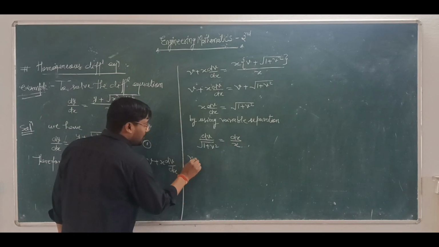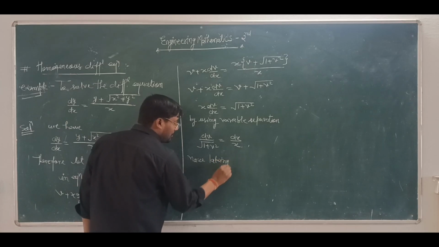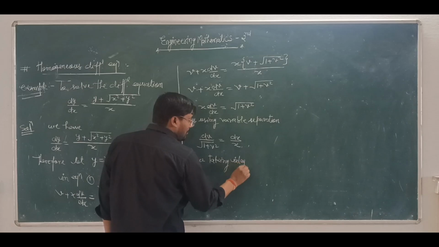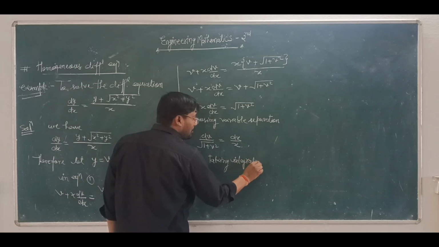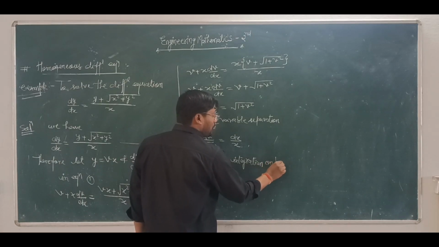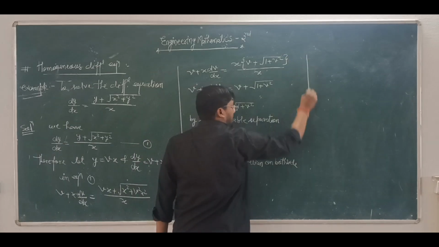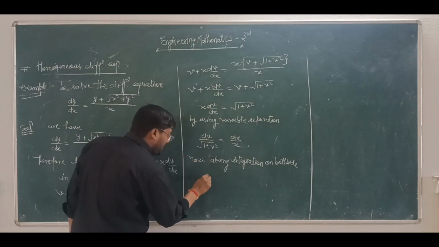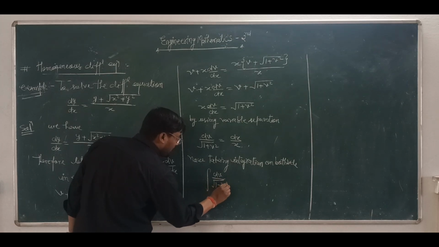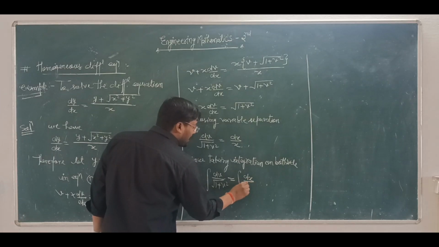Now taking integration on both sides, you can write integral dv upon root 1 plus v square is equal to integration dx upon x.